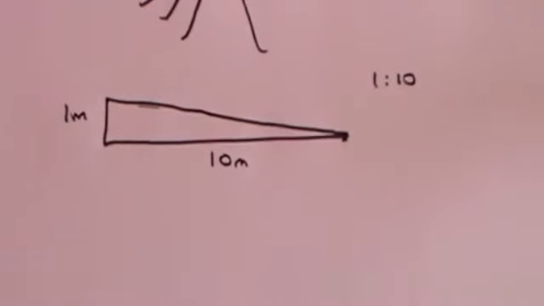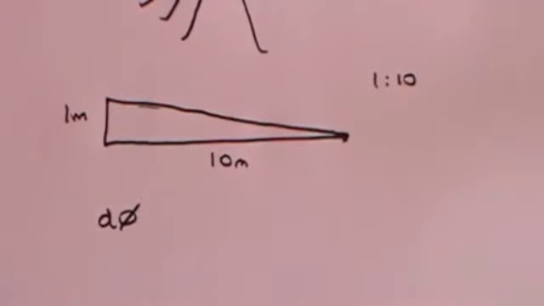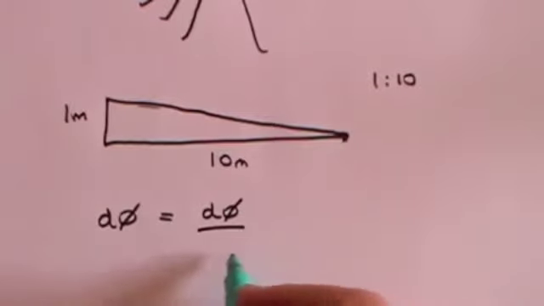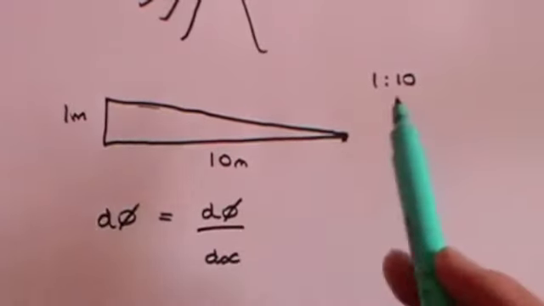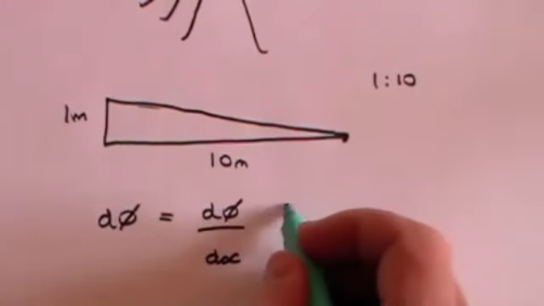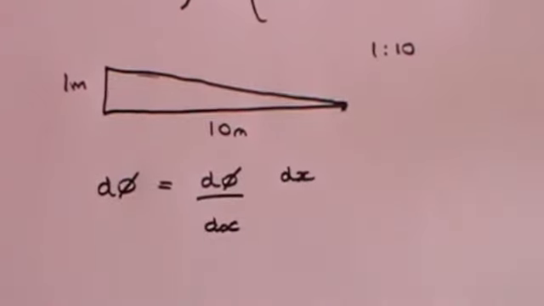And the way you would describe that mathematically is you would say that the change in height as I walk along is equal to the gradient, which we express as d phi by dx, the rate of change of height with distance, that's what 1 in 10 is, multiplied by the distance you actually walk, dx.